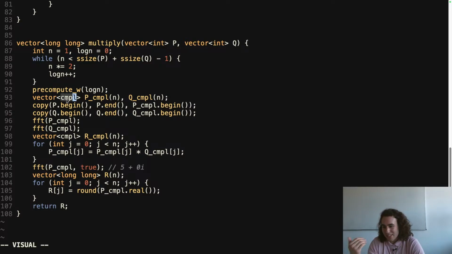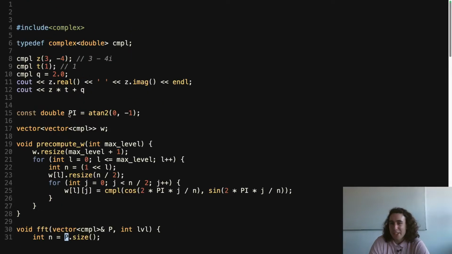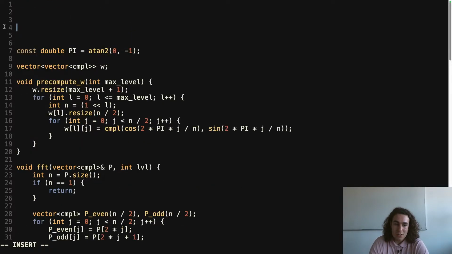Because the complex numbers implemented in C++ are great, but they're just a little bit slow. If you implement them on your own, it's going to be better. So let's make our own complex numbers.